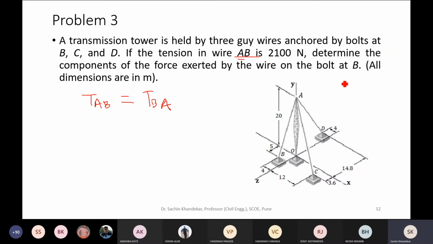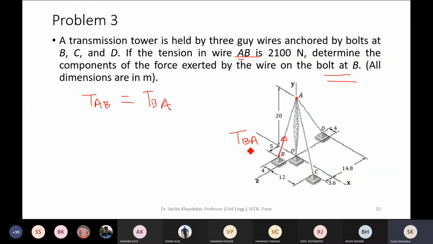Now, from this statement, it is clear that we are going to find the components of this force, which I'm denoting by TBA. Please note that TBA, this tension in cable AB, is acting from point B to point A.